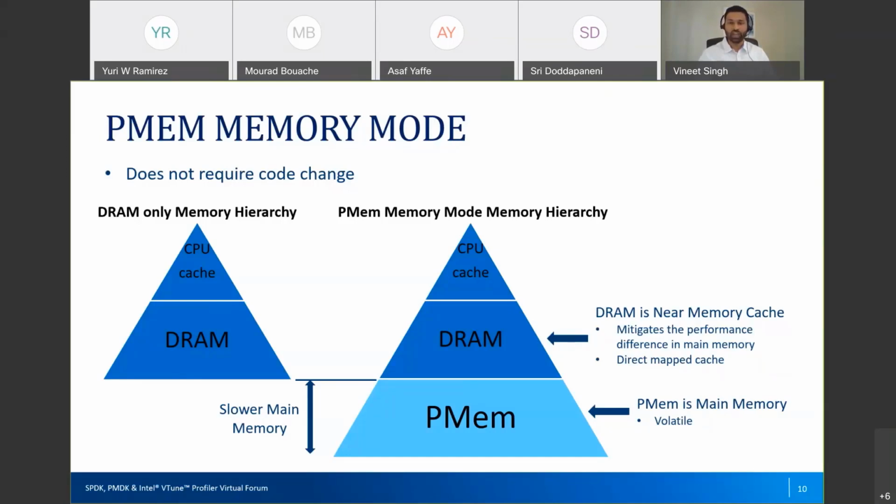So we have a nice set of features both in Platform Profiler and the other parts of VTune, like microarchitecture analysis and hotspot analysis, which are very specific to PMEM memory mode and give you the kind of information you're looking for, for example the near memory cache miss rate.